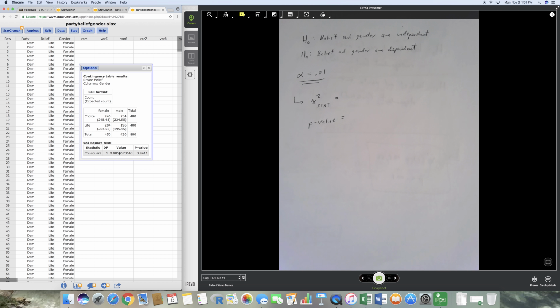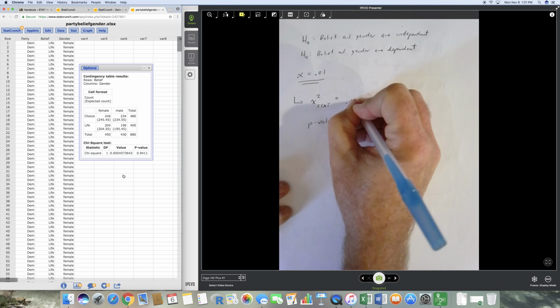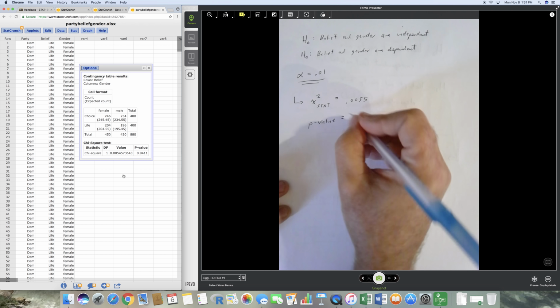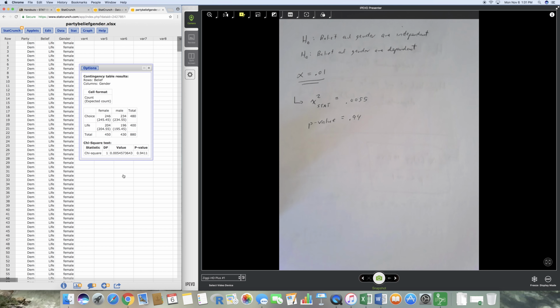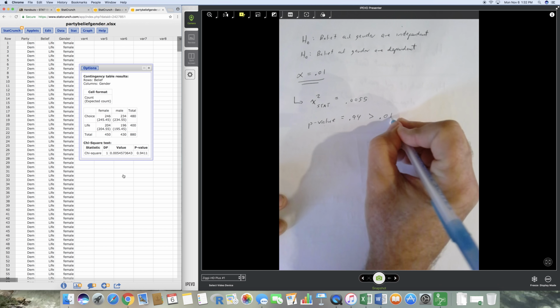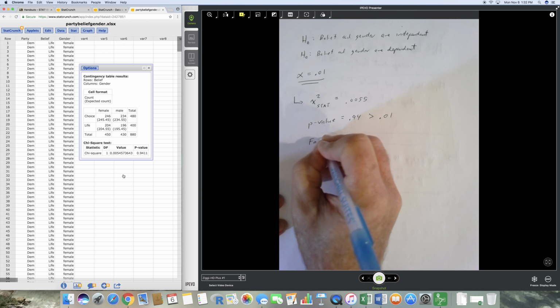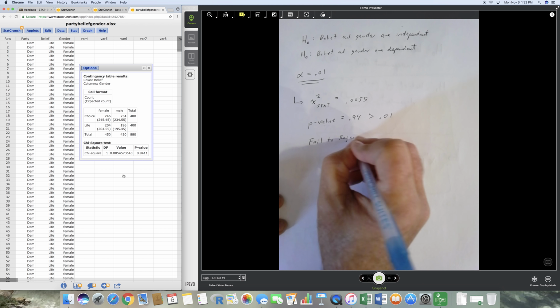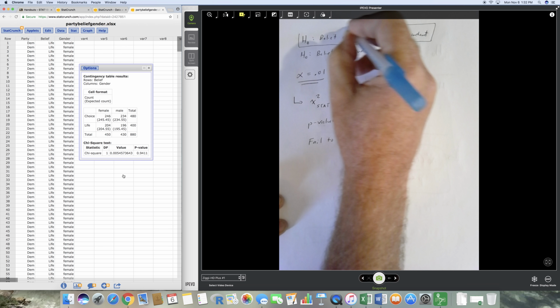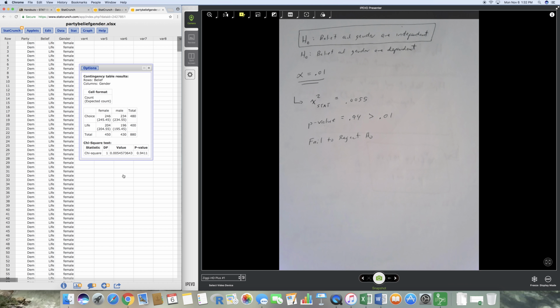What do we look at? Our chi-square value is 0.0055, and our p-value is 0.94. So our p-value is greater than our alpha of 0.01, so we fail to reject, telling us that belief and gender are not related.